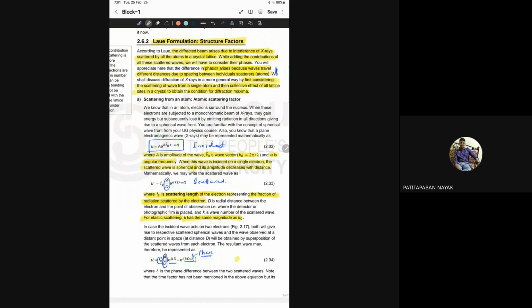The phase arises because waves travel different distances due to the spacing between the individual scatterers. So we will have u prime is equal to Fe A by D into e to the power ik dot D plus e to the power ik dot D plus delta.